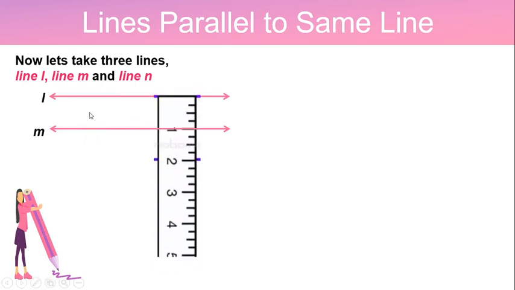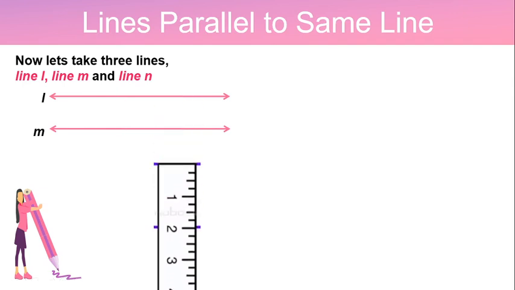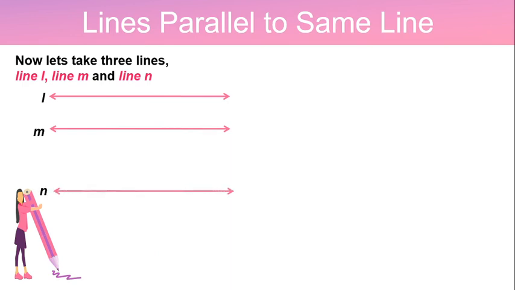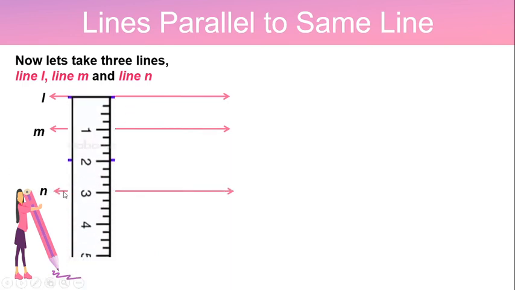What do you observe? That the distance between these two is the same. So it means that line L and line M are parallel to each other. Take another line N. Now measure the distance between L and N.